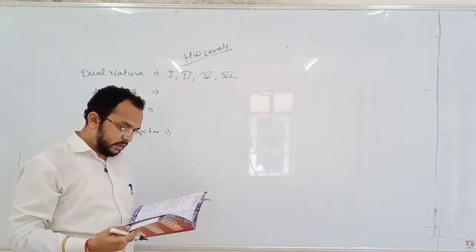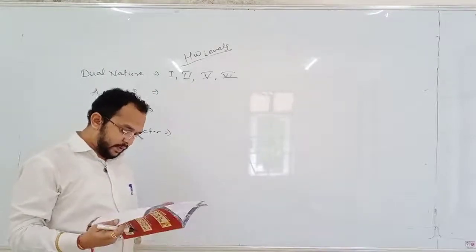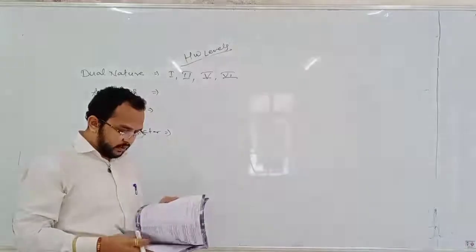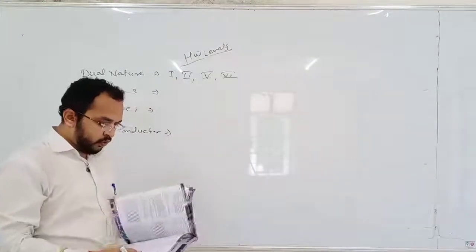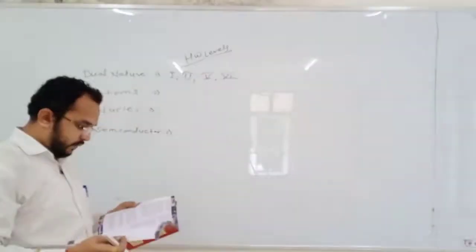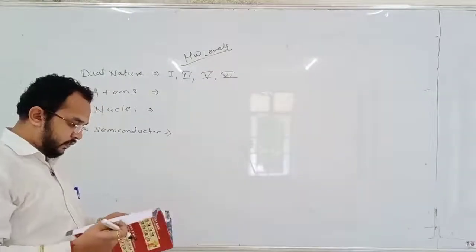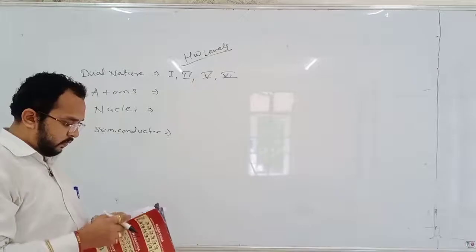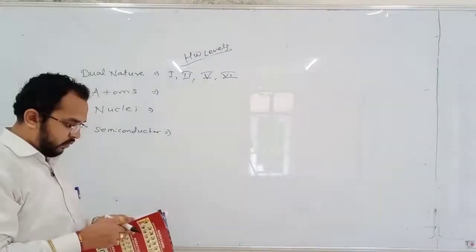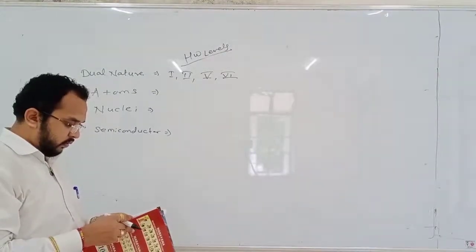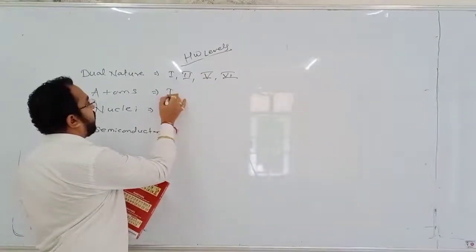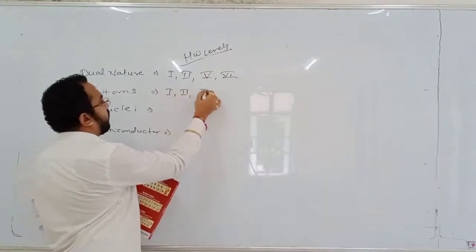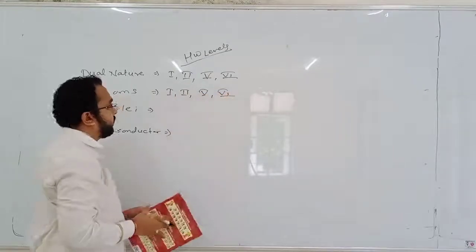In atoms, level 1, after level 1 level 2 is there, directly level 5, and after level 5, level 6 is there. So same here: 1, 2, 5 and 6.